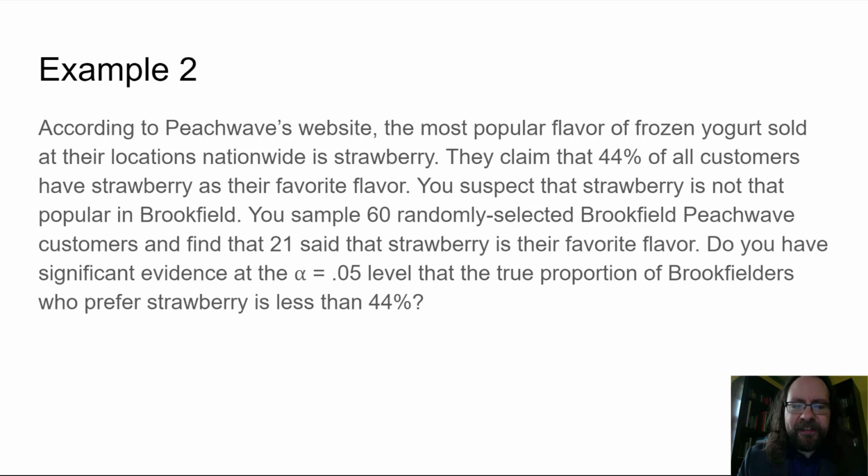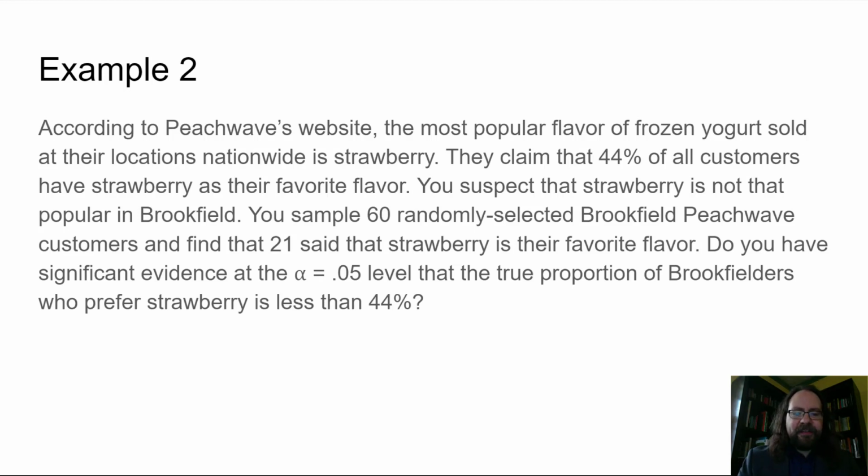So you sample 60 randomly selected Brookfield Peachwave customers and find that 21 of the 60 said that strawberry is their favorite flavor. Do you have significant evidence at the alpha equals 0.05 level, we're using 0.05 again, it's one of the most common alphas anyway, that the true proportion of Brookfielders who prefer strawberry is less than 44%?